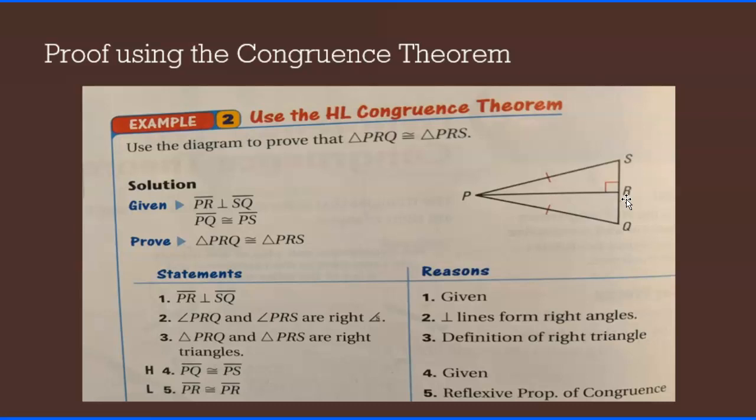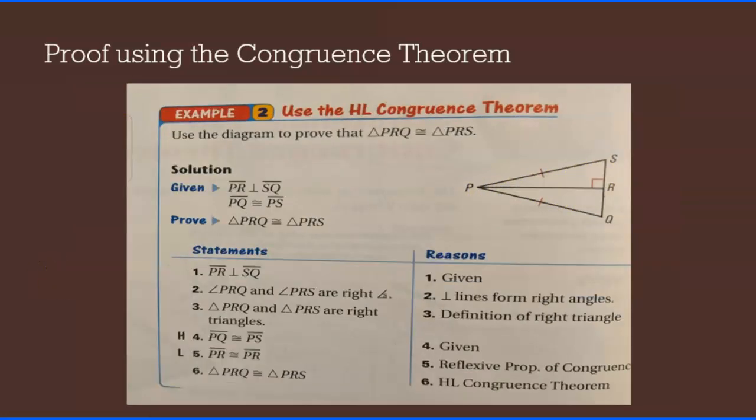Always be thinking about reflexive property, because chances are you have an overlap line, and that's what we have here with PR. So PR is congruent to PR, reflexive property. Well, now I have PQ congruent to PS, and now I have PR congruent to PR. I have two right triangles, so let's see where we go next.